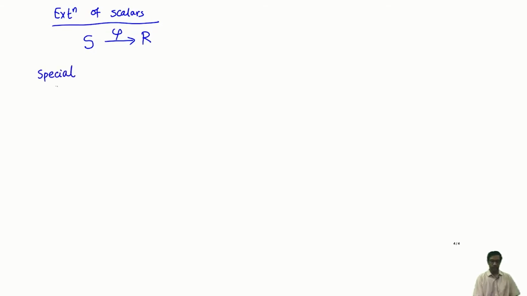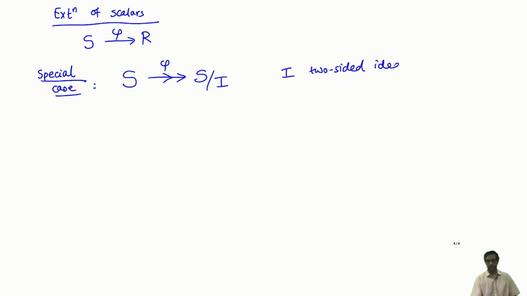Suppose S is a ring and I take R to be the ring S modulo I, a quotient of S, where I is some two-sided ideal of S. So the question is, if I give you an S module, can I make it into an S mod I module? Can I make it into a module for the quotient?